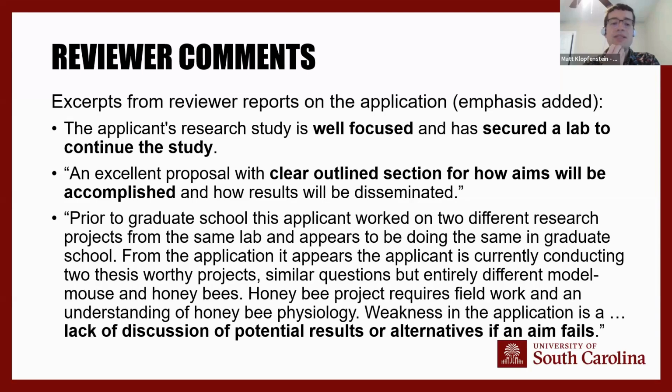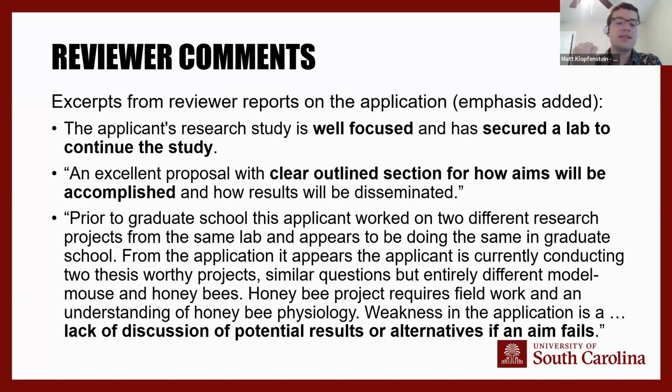And it still notes that there are some things that could have been improved a little bit as well. It notes that there was a lack of discussion of potential results or alternatives if an aim fails. So again, even in proposals that get funded, reviewers will often note areas for potential improvement. Even if you look at examples of successful proposals, that doesn't mean that they are above critique. There are still things that could have been done better.